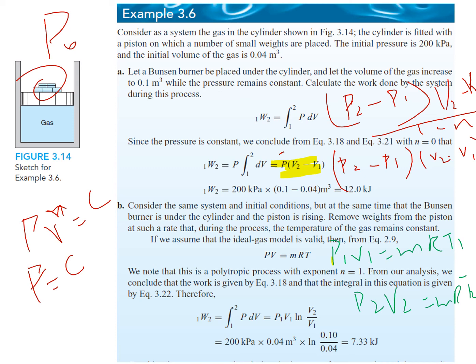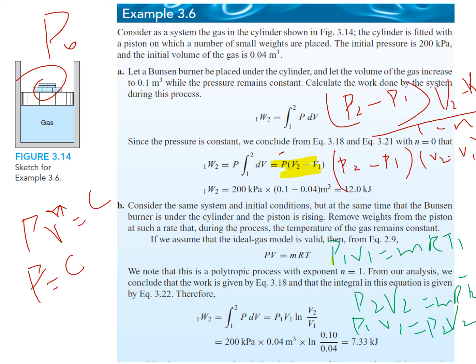When T1 is equal to T2, we can take T1 out of equation 1 and put it in T2, and we will know that P1 V1 is equal to P2 V2 in this equation.